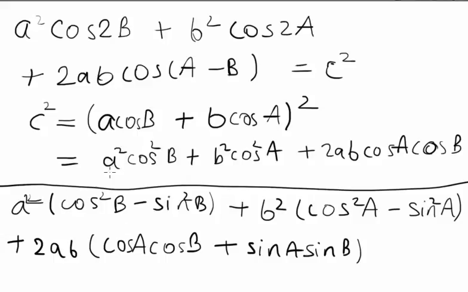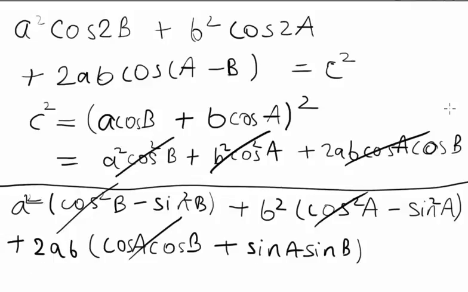So let's cancel those terms: a square cos square b, a square cos square b, b square cos square a, b square cos square a, 2ab cos a cos b, and 2ab cos a cos b. We are still left with some terms on the left hand side: minus a square sine square b, minus b square sine square a, and this final term 2ab sin a sin b.